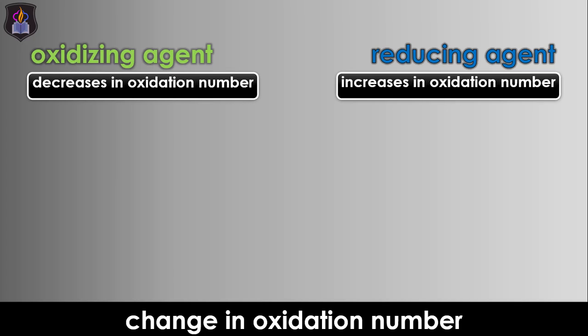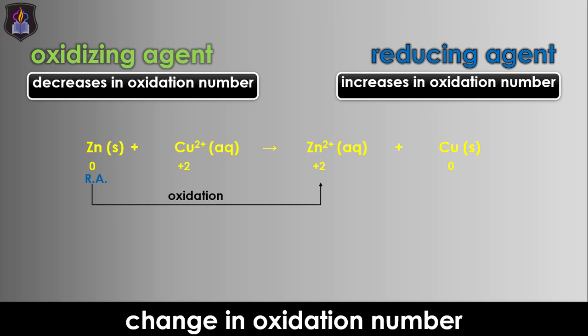In the reaction between zinc and copper 2 ion, the oxidation number of zinc increases from 0 to +2, which makes it a reducing agent, while the copper 2 ion is the oxidizing agent because its oxidation number decreases from +2 to 0.